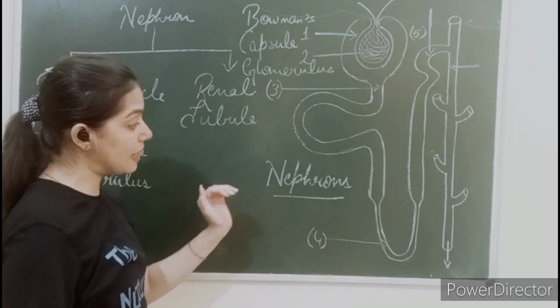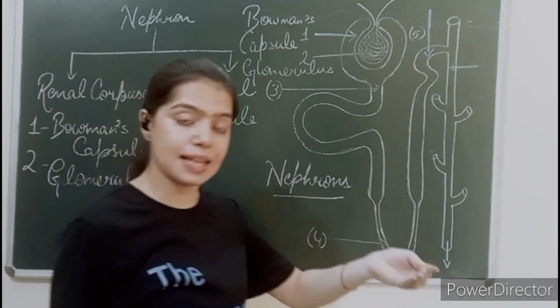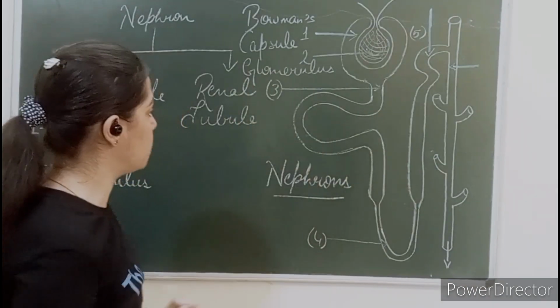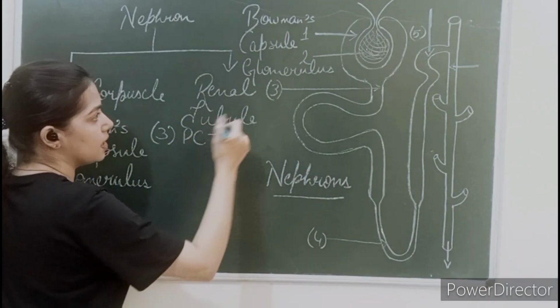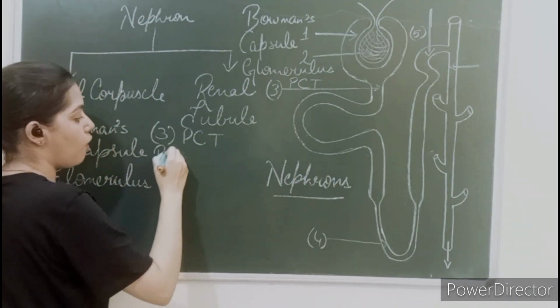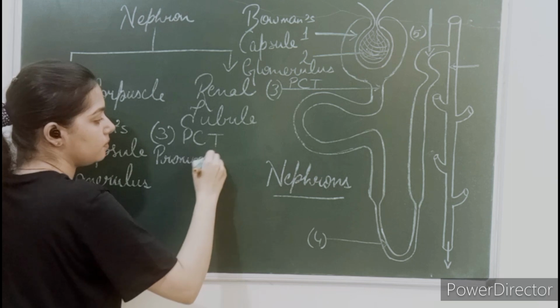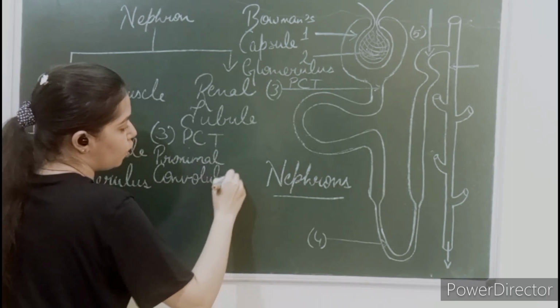So the renal tubule has three divisions according to the class 10 standard. The third division we will call PCT, and PCT stands for proximal convoluted tubule.